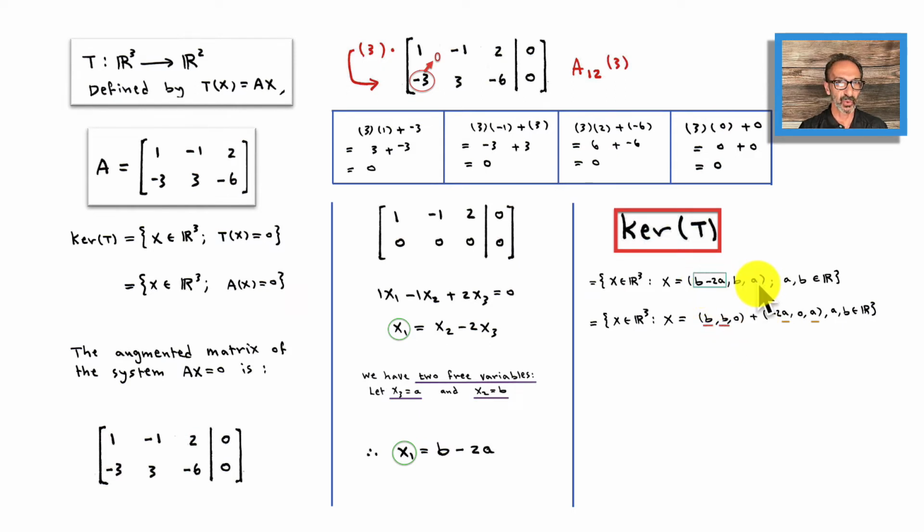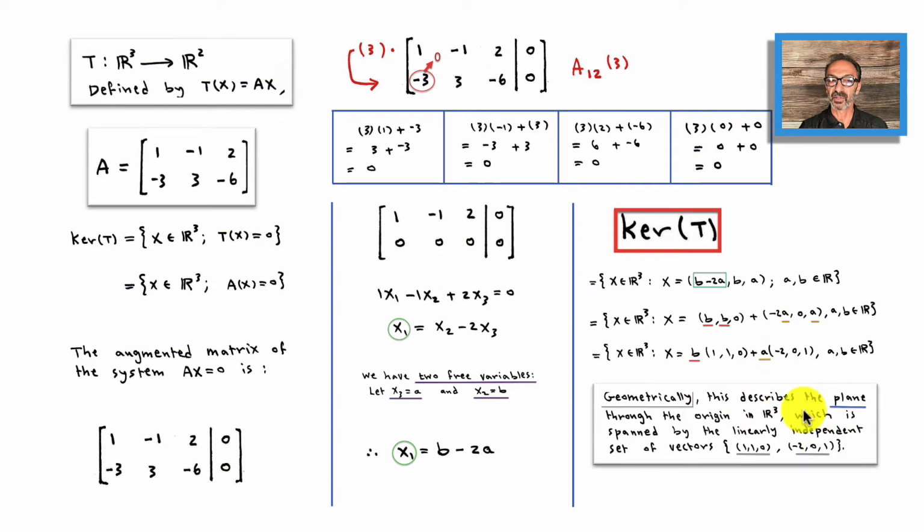Writing it with a's only, that's minus 2a, 0a, and 1a. Now pulling b outside as a common factor, and a outside as a scalar, we have b times (1, 1, 0) and a times (-2, 0, 1). So that's called a linear combination of linearly independent vectors. That's how the kernel is being described.